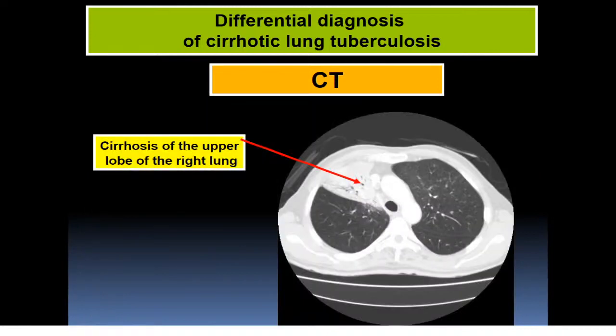On this tomography, we can see cirrhosis of the upper lobe of the right lung. It looks like TB cirrhosis also.